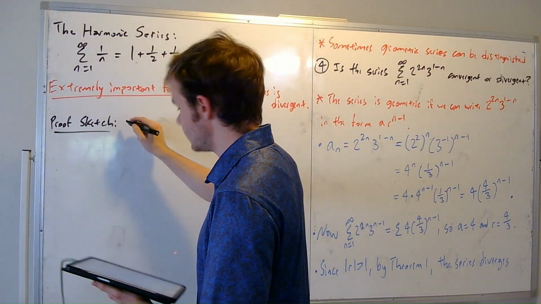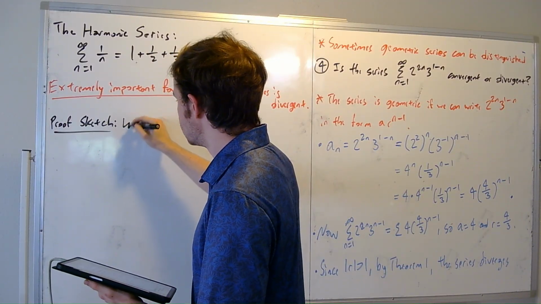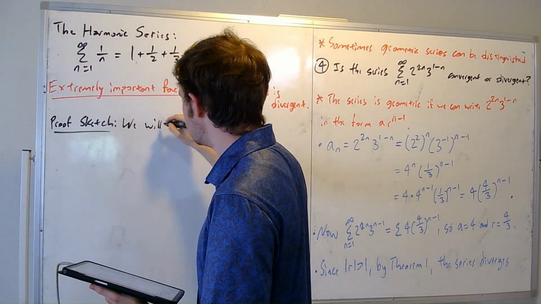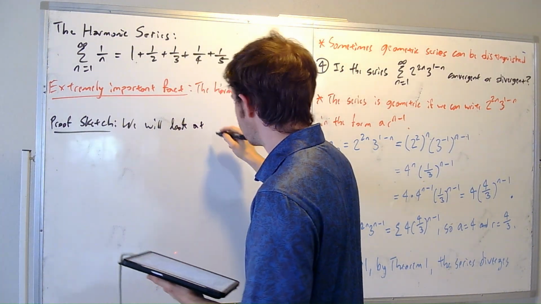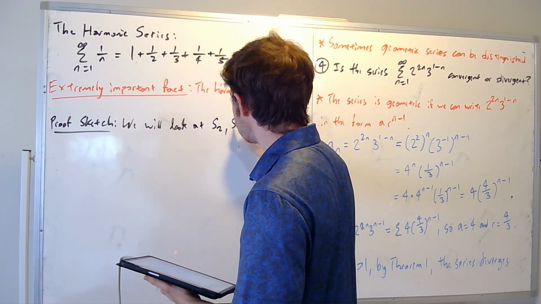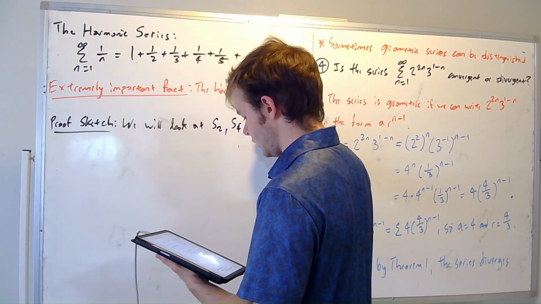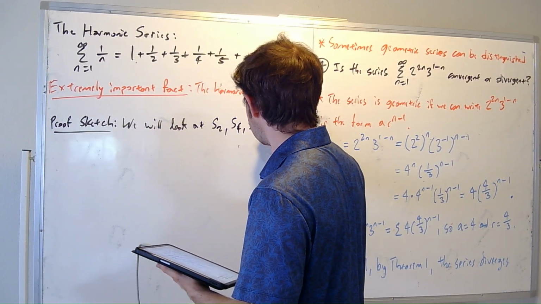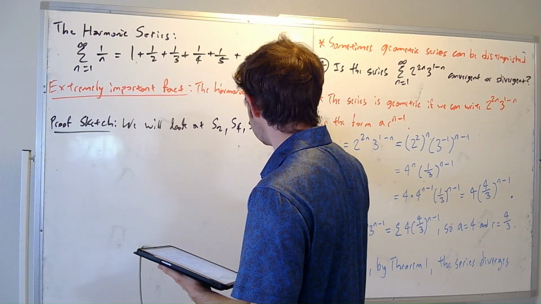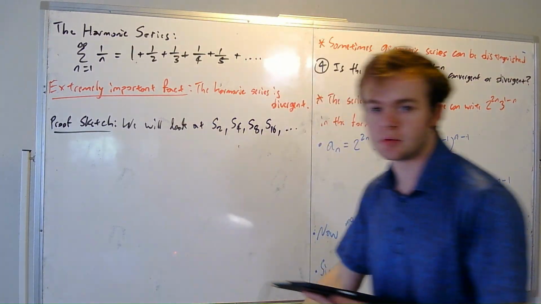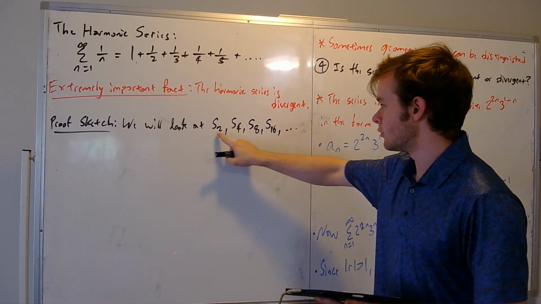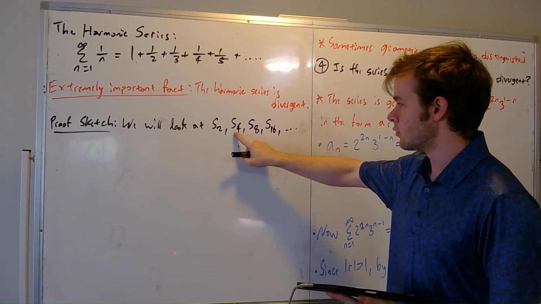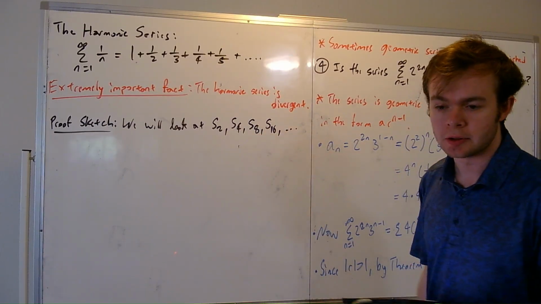So I'll say here we will look at S2, S4, S8, S16, and so on. So we'll just look at the powers of 2 and adding together. This is adding together the first 2 terms, adding together the first 4 terms, and so on.